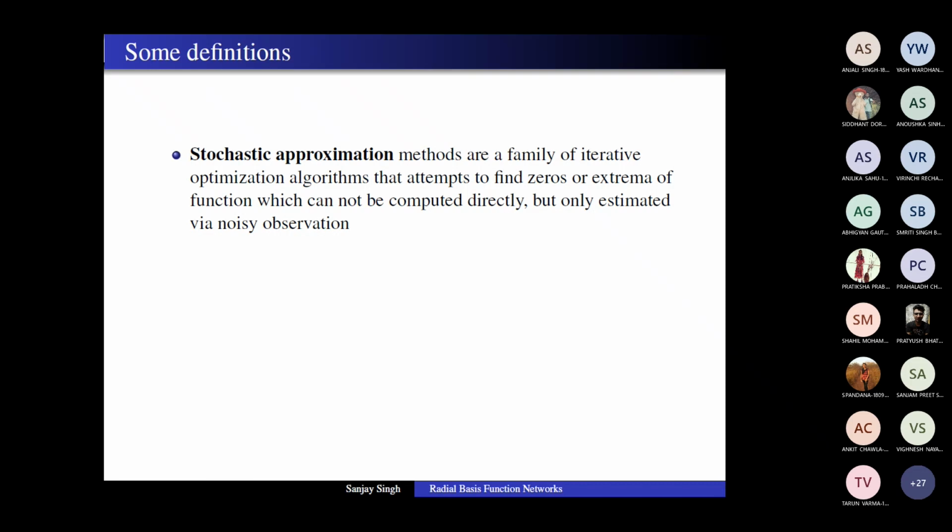In MLP, what we have is a family of iterative optimization algorithms. Here we go for this iterative process, so it's not a family but one, and we use the concept of backpropagation to find the zeros or the extrema. The derivation of backpropagation itself said that the gradient should be zero or minimal.